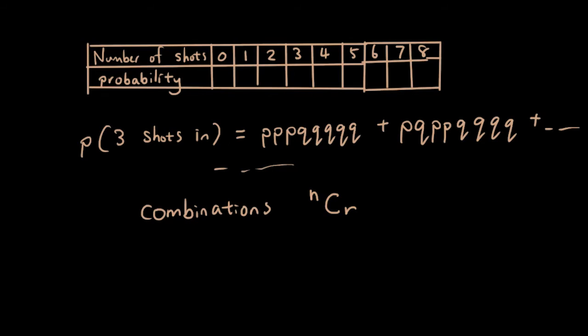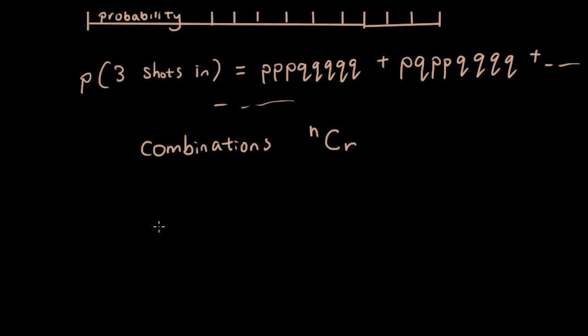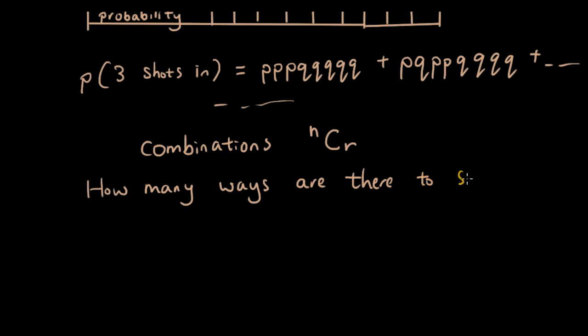Now I have another tutorial on combinations alone if you want to watch that, but basically what combinations are is a way for you to find out how many ways there are of selecting r objects from n objects.